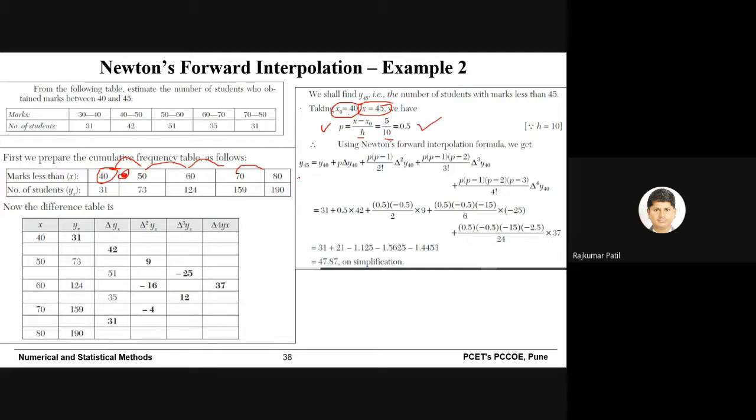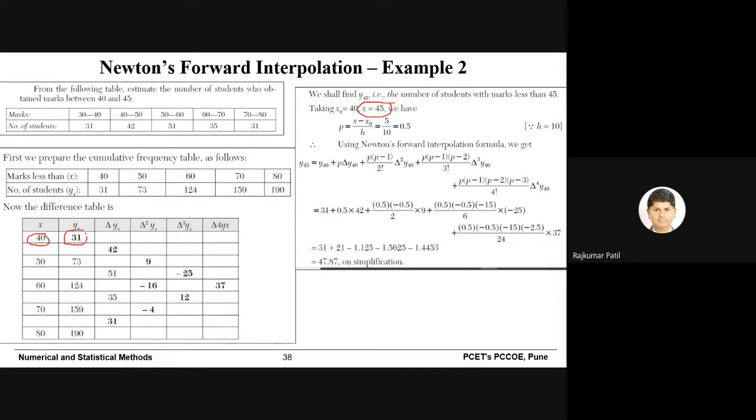Then for the given data points, you can write the formula using Newton's forward method, and then put the values. So you can see y40, del y40, del square y40. We are interested in x equal to 45, and this 45 is very close to 40.